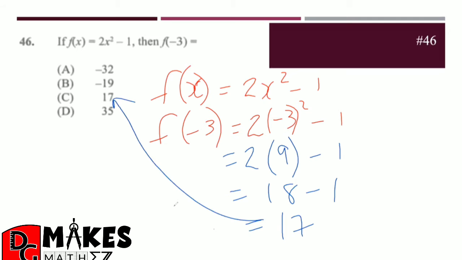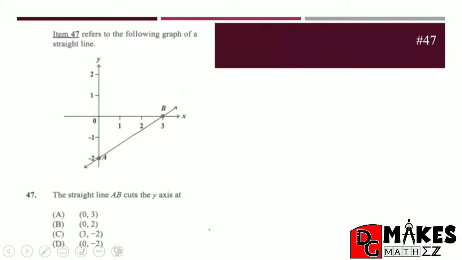All right, so we're going to move to question 47 in short order. It says that we need to state where this straight line AB cuts the y-axis. Where does AB cut the y-axis? Where is our y-axis? Here it is.